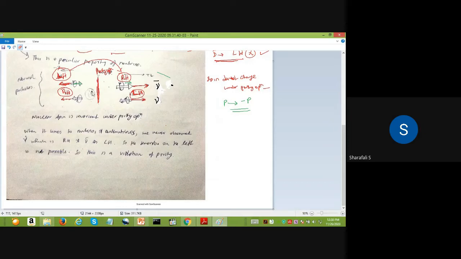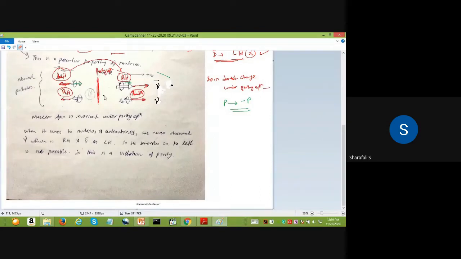So if you take the parity operation in this case, what we can say is that this anti-neutrino will become a neutrino here, because this is a left-handed system, so it should be a neutrino, and this should be an anti-neutrino because it is right-handed.